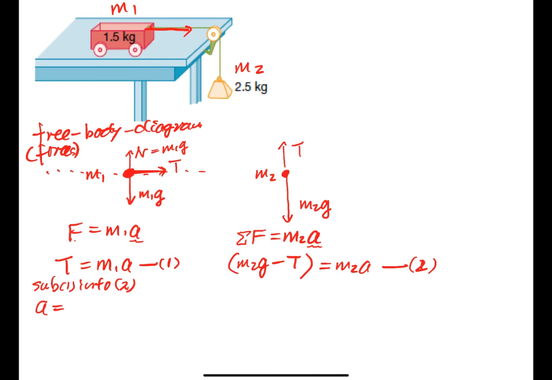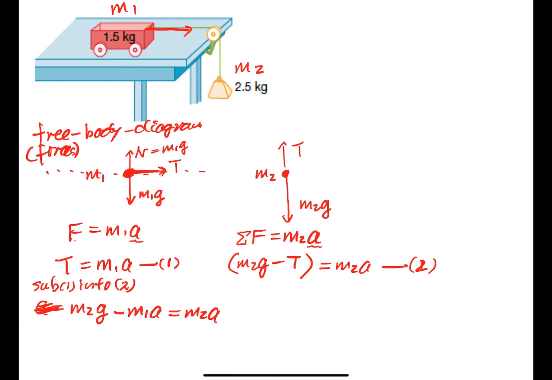You need the mass, remember. When you substitute 1 into 2, you get m2g minus m1a equals m2a.